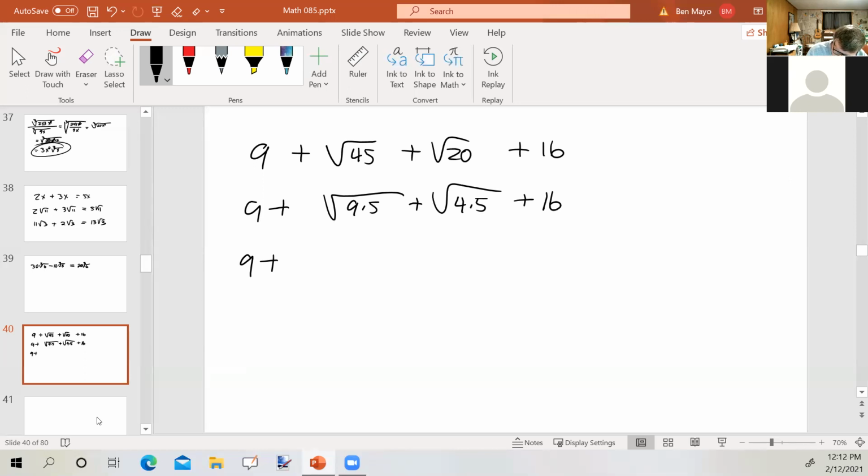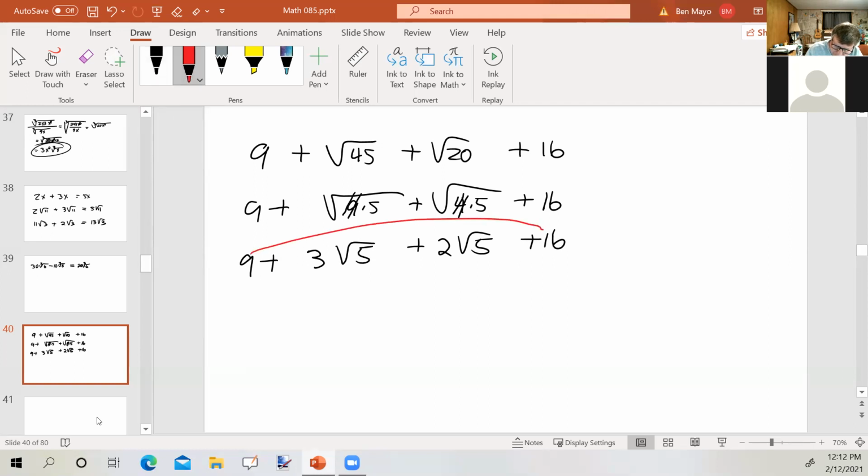All right, so what am I going to do here? What's the square root of 9? 3. I've got 3 square roots of 5. Square root of 4? 2. 2 square roots of 5 plus 16. These go together, and those go together.